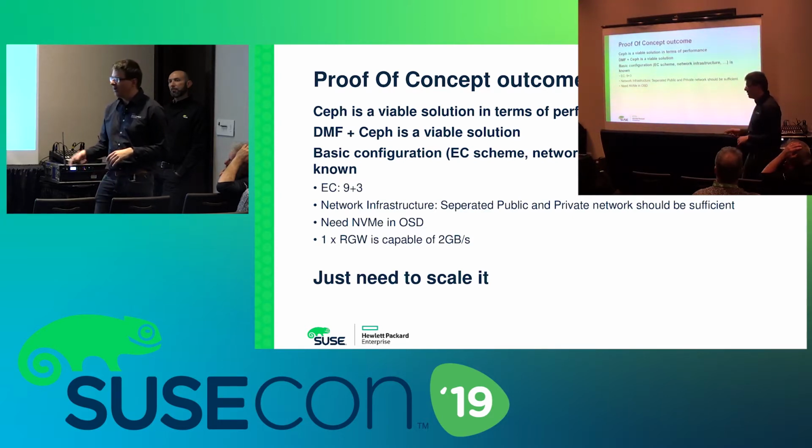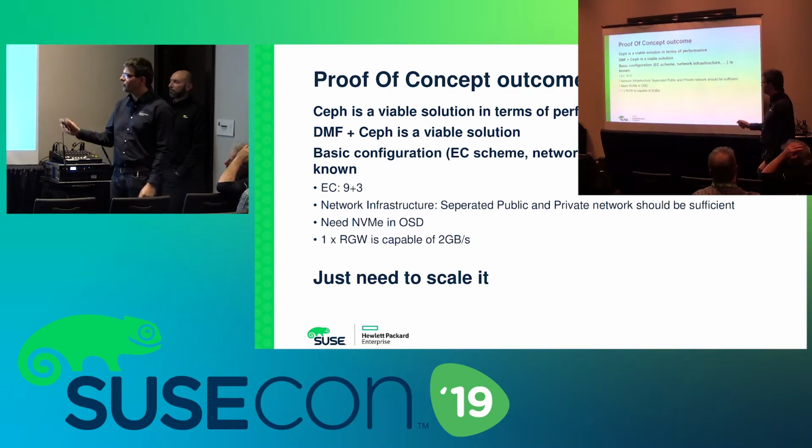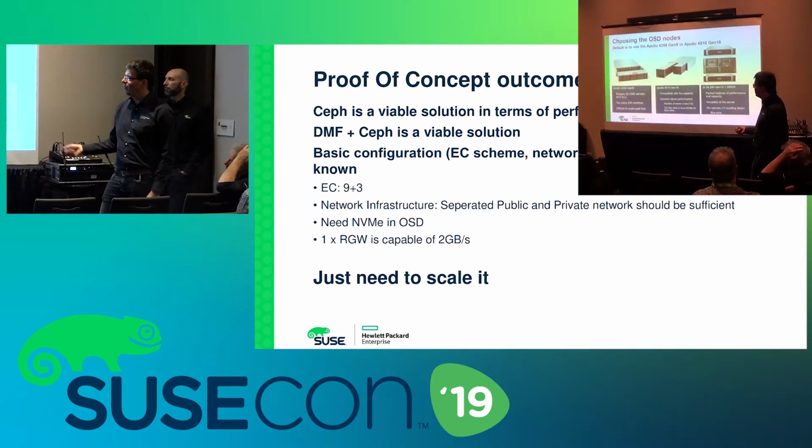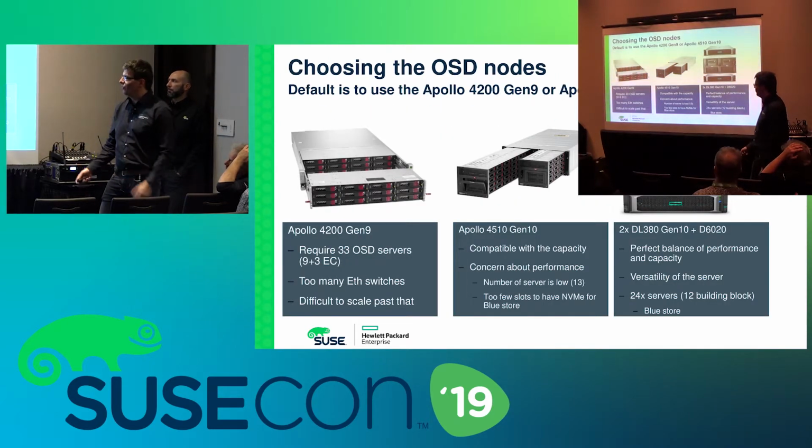Okay, so it's a good thing to have it. For the story, when we first installed this cluster with Darren, we did not have enough NVMe. The performance was not that great. So we found out that one Rados gateway is capable of 2 gigabytes per second with DMF. So, yeah, we basically had the right numbers.